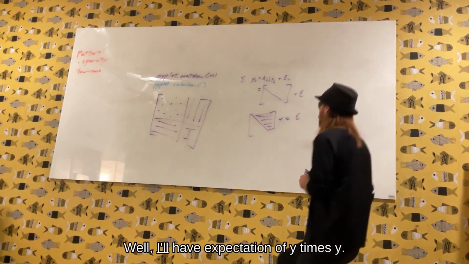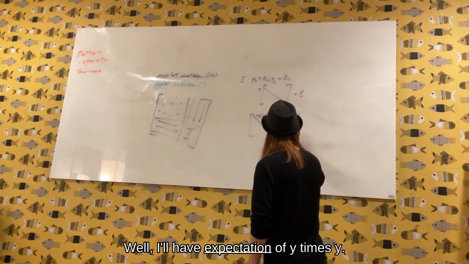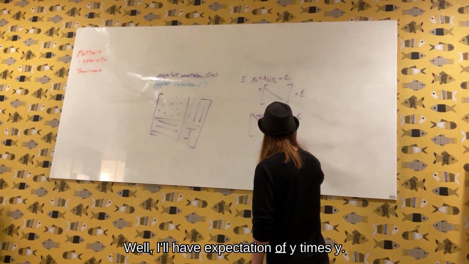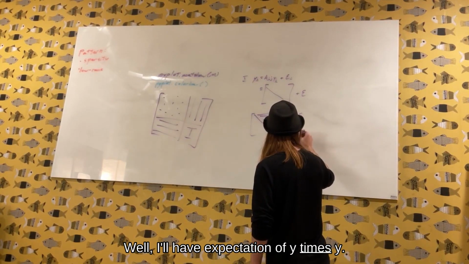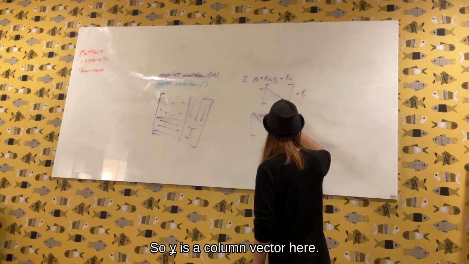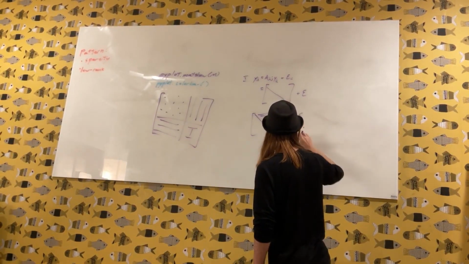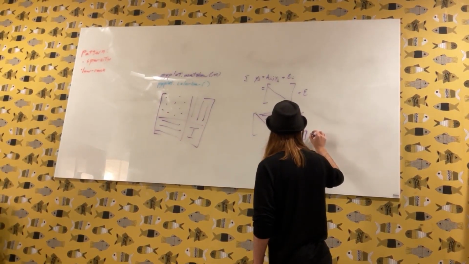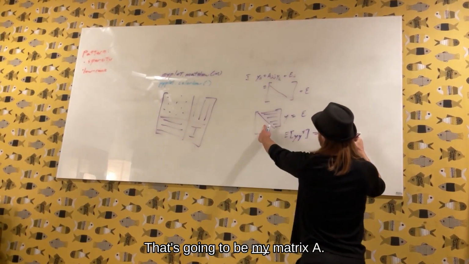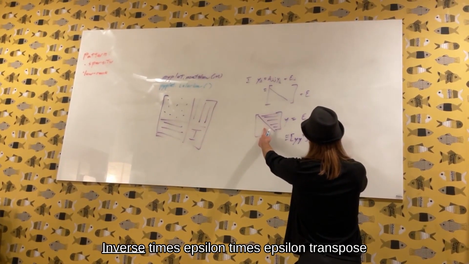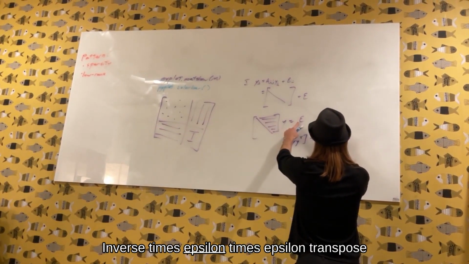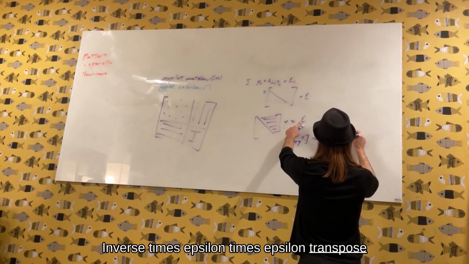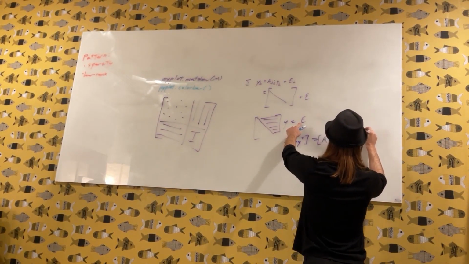Well, I'll have the expectation of y times y. Let's see, y is a column vector here, so this will be y transpose. That's going to be my matrix A inverse times epsilon transpose times A inverse transpose.